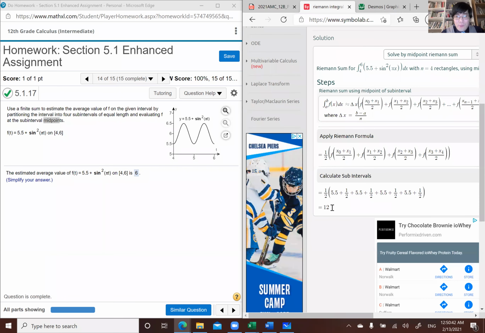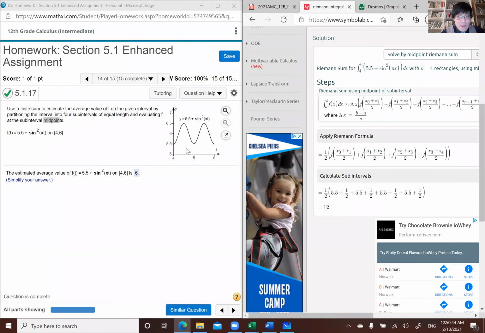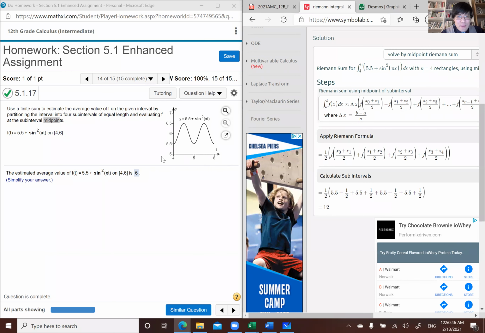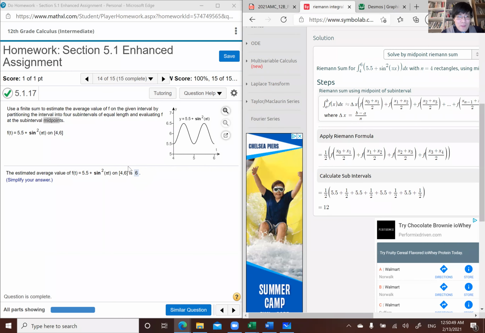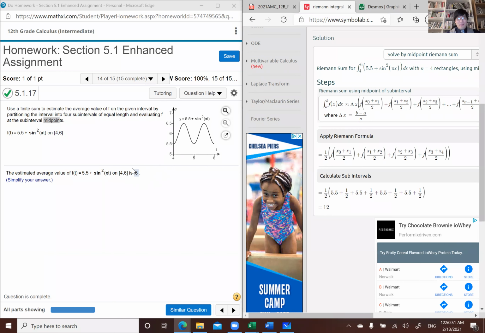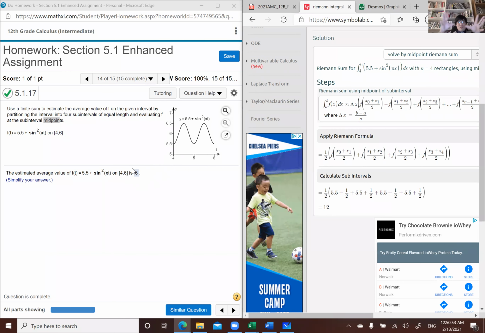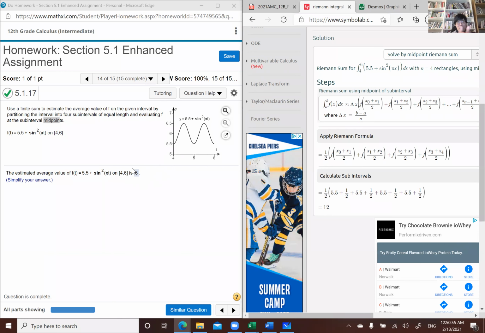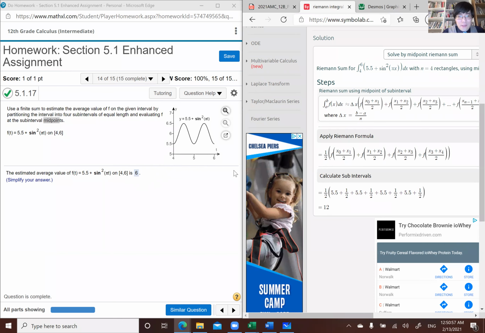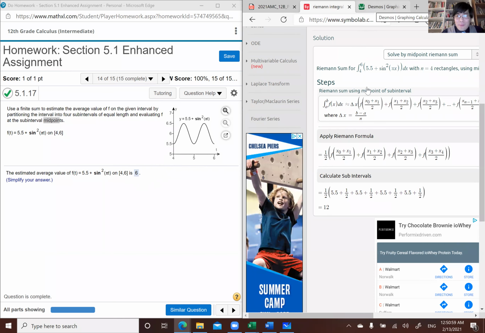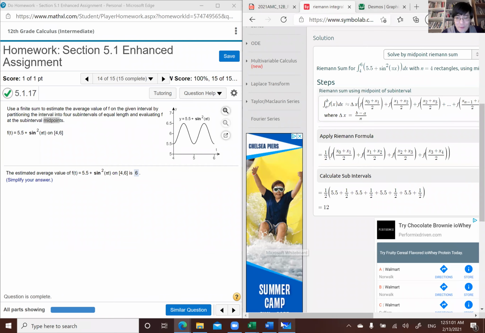And you get 12 as the area under the curve. Now divide this by the length here, which is 2, to get the average value. So the area is 12, but you have a length of 2. Let me show you.